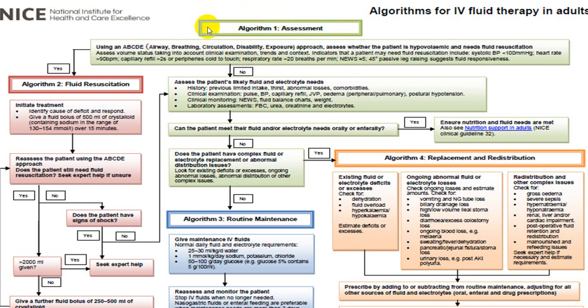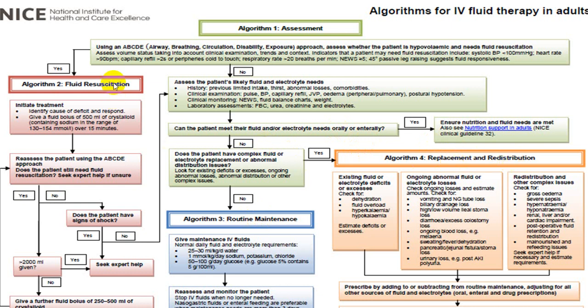Then for that maintenance of circulation, you will go for fluid resuscitation. So that is called resuscitation therapy. We'll be discussing it in a little more detail. In step 3, you go for routine maintenance, and if he requires maintenance plus ongoing losses, then we call that replacement and redistribution.